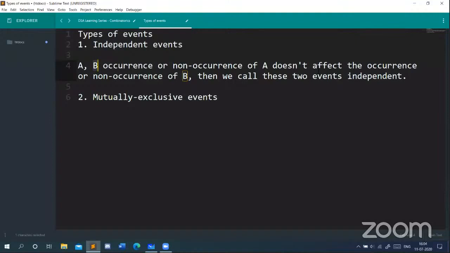So this is what I mean when I say independent. And I'll really appreciate if you could type in some examples of independent events and we can discuss those, right? Perhaps you can do that on the chat.